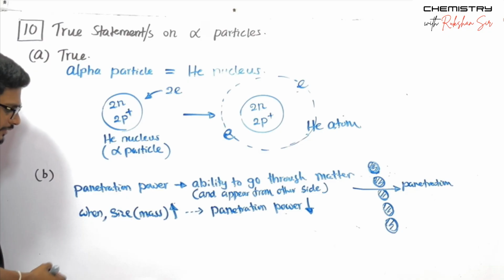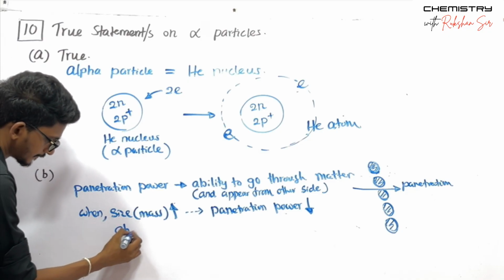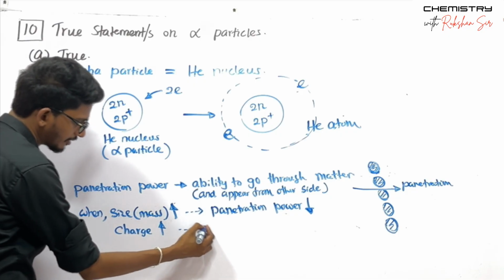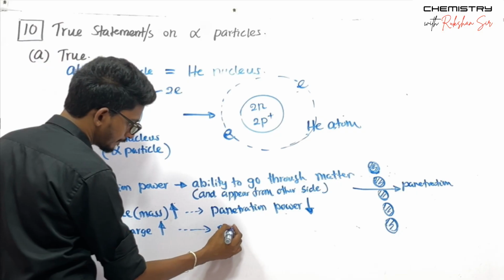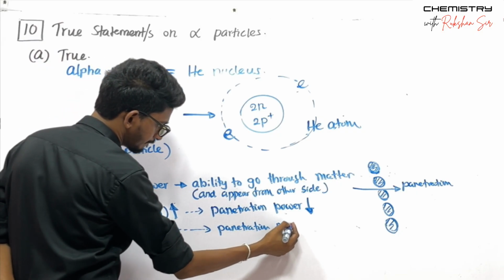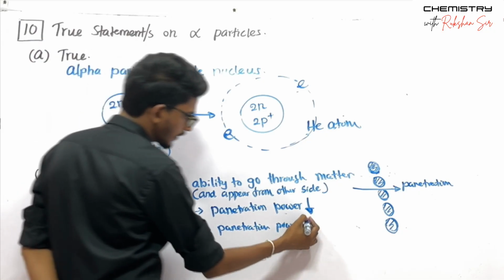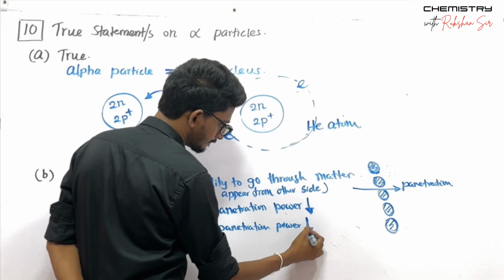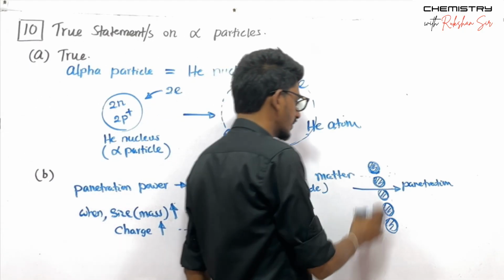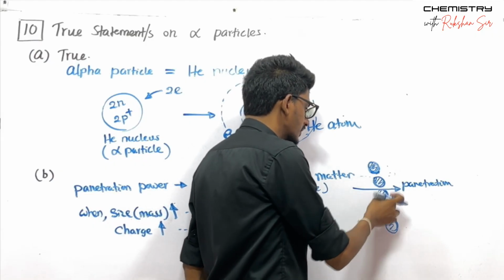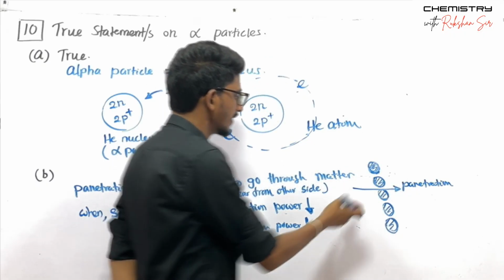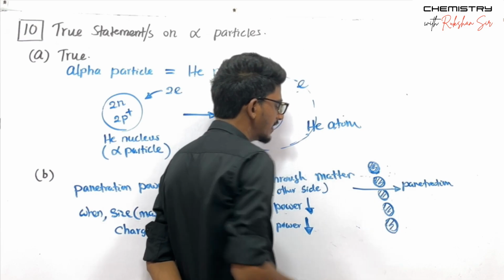The second thing that matters is the charge. When the charge is high, again penetration power is less. When the charge is high, it tends to attract to the charges of the atoms, so the rays will deviate.